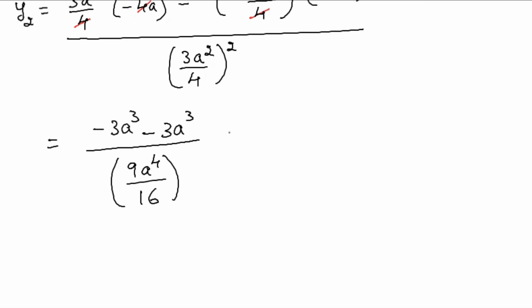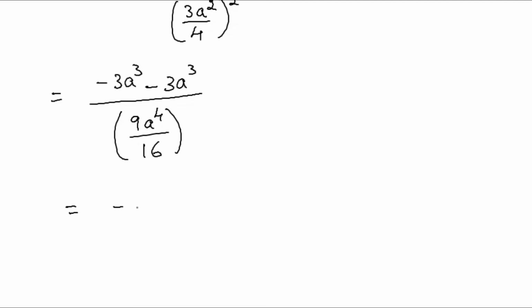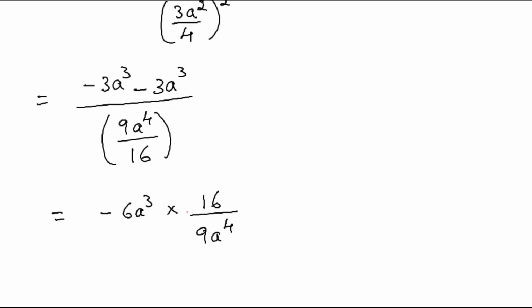Further, if you simplify this one, this will be equal to minus 6a cube. So the denominator, if I take it in the numerator, it becomes reciprocal, 16 by 9a power of 4. Cancel out, it is 3 times, 3 2 times, and a cube will cancel out with a power of 4, 1a will be left out.